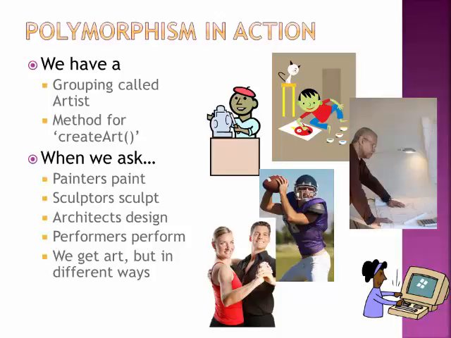So the generalization and specialization we talked about last time comes forward into this: it's the way I can have that dynamic behavior within that generalized class. I know all artists create art, but I don't care how they create it. I want them to go do it. I'm going to commission them to go do that. They're going to go off and have their different ways of making that happen. And we're going to leverage this behavior inside of our applications.